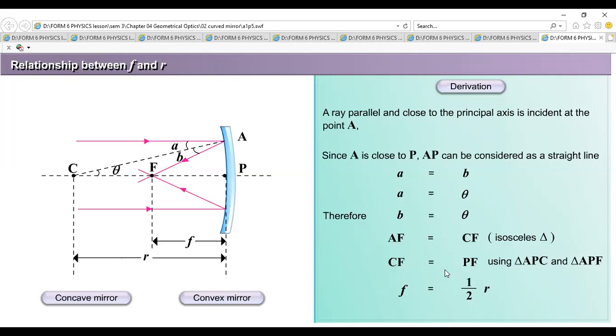Since CF is also equal to PF, the focal length will be half of R. We say that R is equal to 2F: the length of R is double F, or F is half of R. Let's go to the convex mirror.